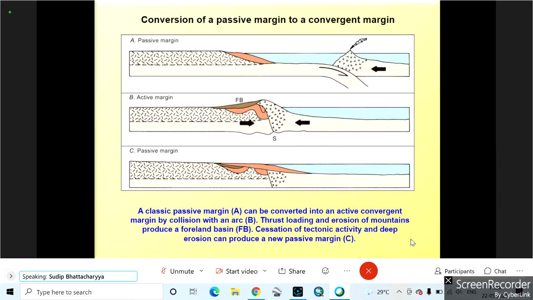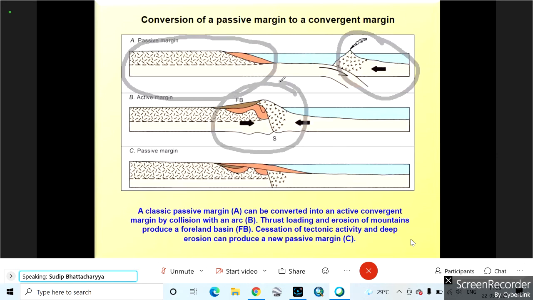Now, comparing with this diagram, passive margin, when subduction is going on, again subduction, then on the right side here it is a continental crust. A continental crust is moving, overriding this subduction zone. It is coming again. It is colliding. As with the colliding, we know that Indian plate is subducting beneath your Eurasian plate over there, and Himalayan mountains are going up.